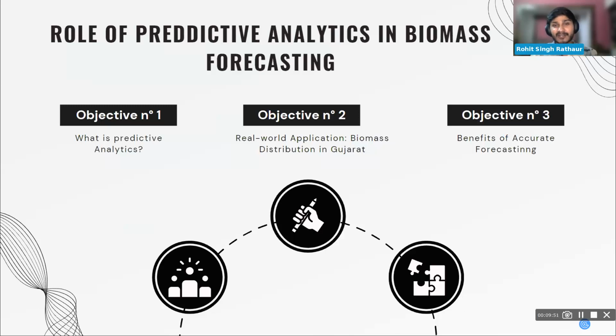Finally, it is all about making informed predictions, and in the context of bioenergy, it is about forecasting where and when biomass will be available. So now let's take a tangible example to understand its impact.